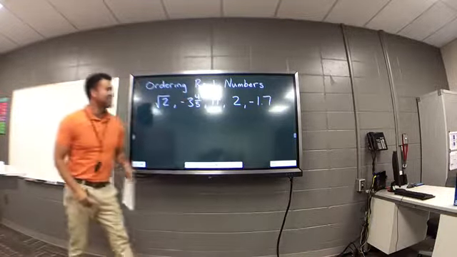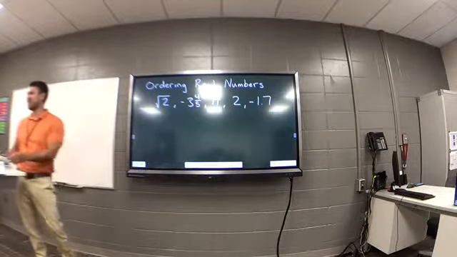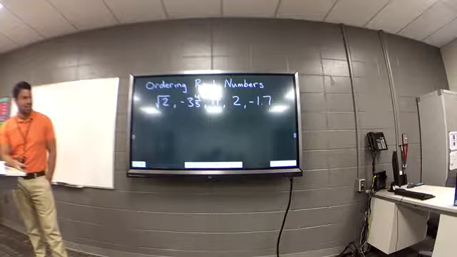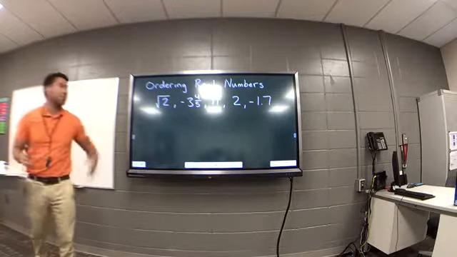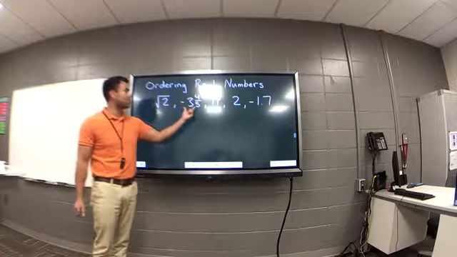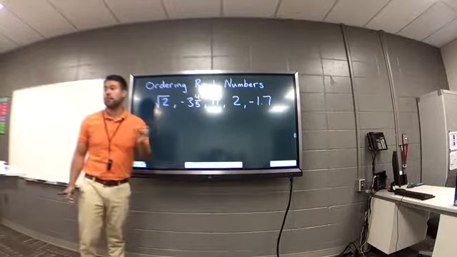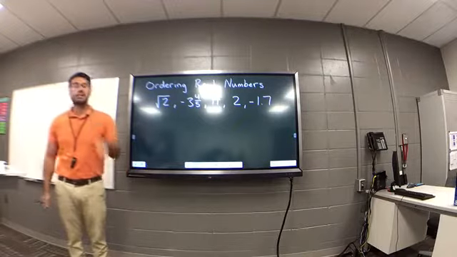Ooh. You don't have to thank me for this list of numbers yet, because some of you are looking at them and you're okay with 2, and maybe negative 1.7, or negative 3 4/5. But why did I give you those two numbers? We're going to list them from least to greatest.